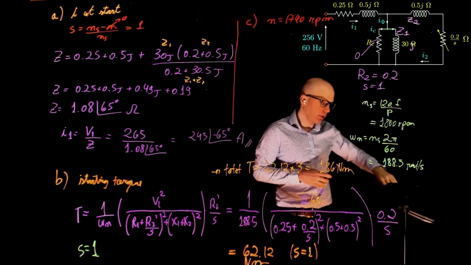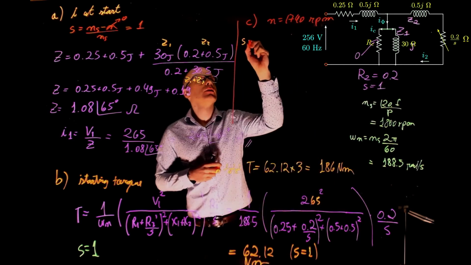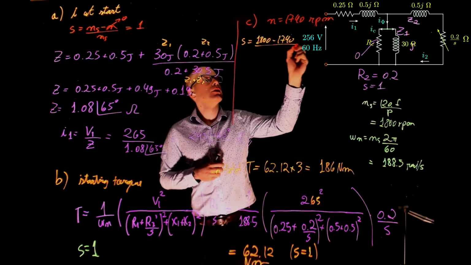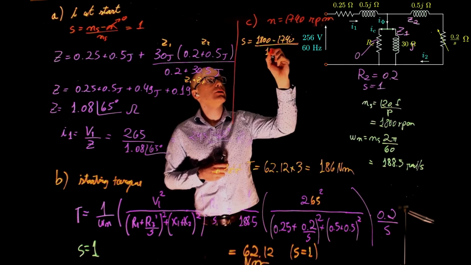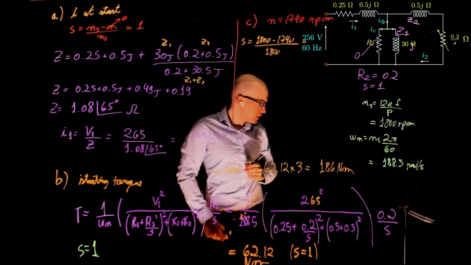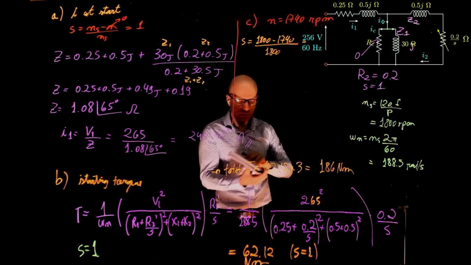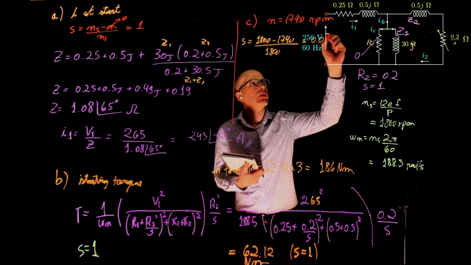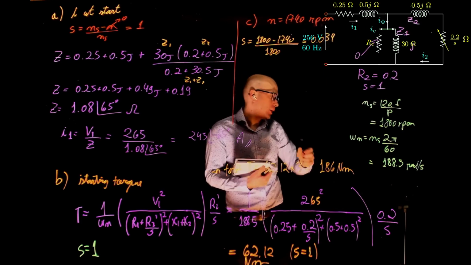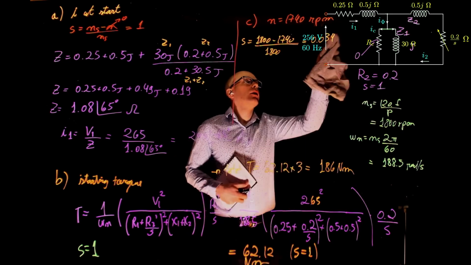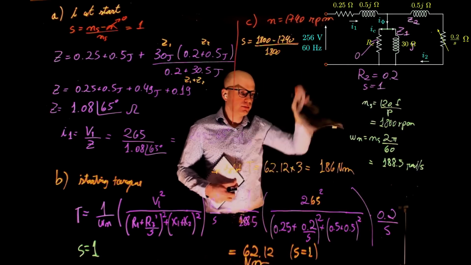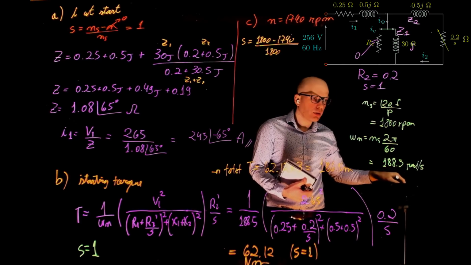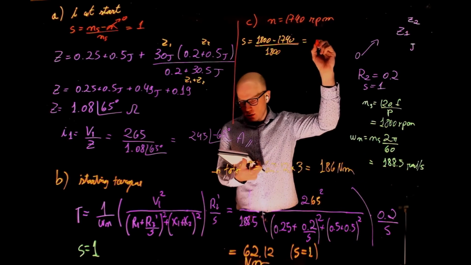We can calculate the slip factor, and the slip factor would be 1800 minus 1740 divided by 1800, which is 0.034. Oh, that cannot be. I cannot see this. Actually, let me just get rid of the. There you go. 0.034.